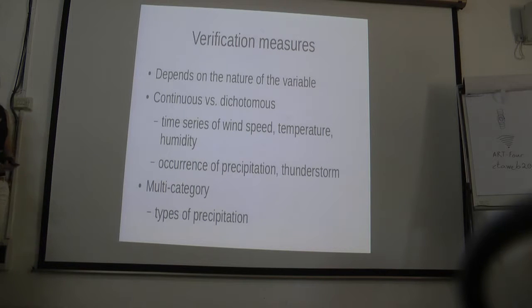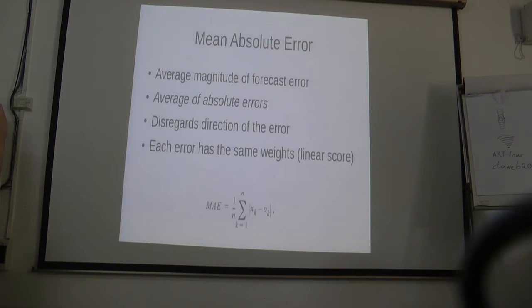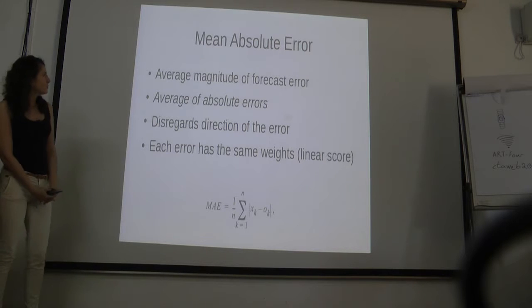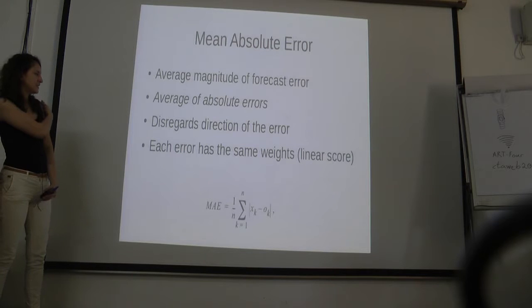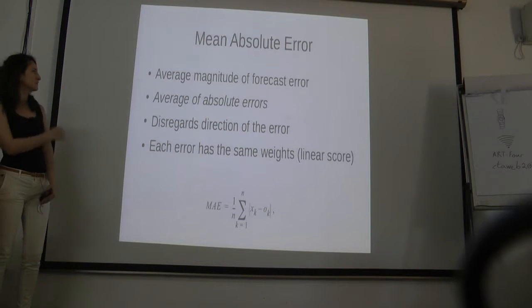I'm going to present a couple of simple measures of how you can measure the continuous values, since this is what you will deal with most of the time. So the most popular measure of easily estimating the error is the mean absolute error.